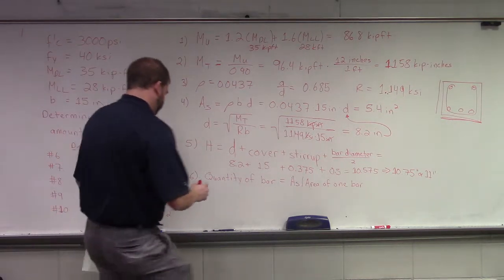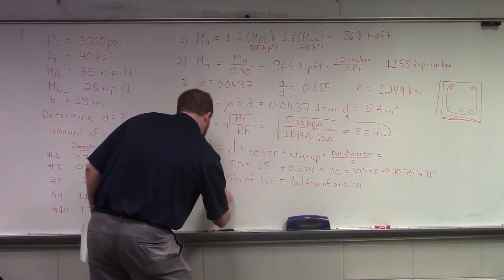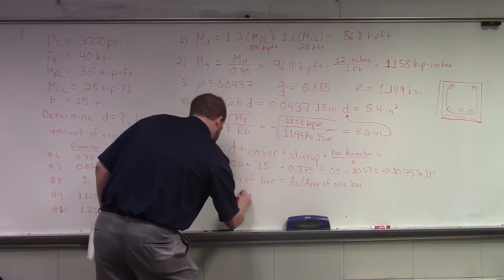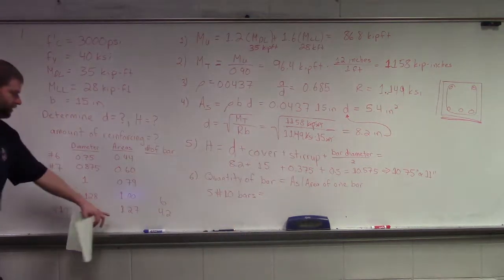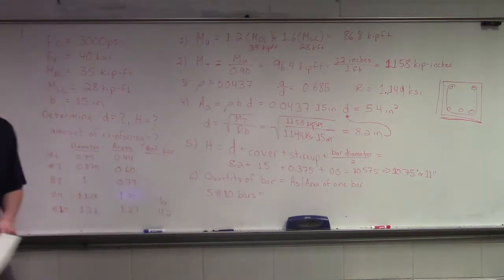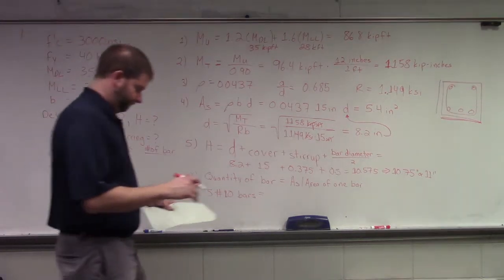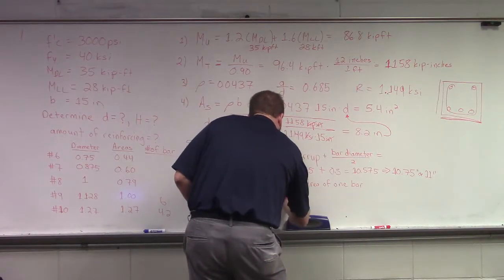Okay, so if we use 1 inch spacing, first of all, how much space do we need just for the bar itself? 1.27. For 1, how much do we need for 5? 6.35 inches.